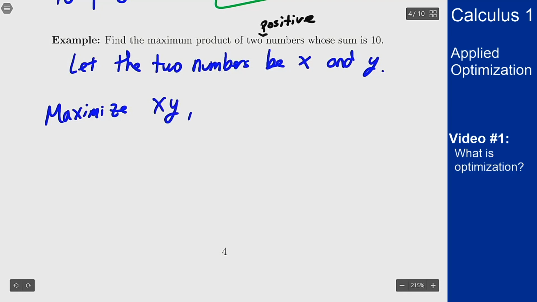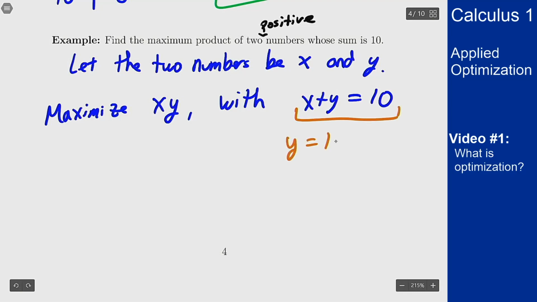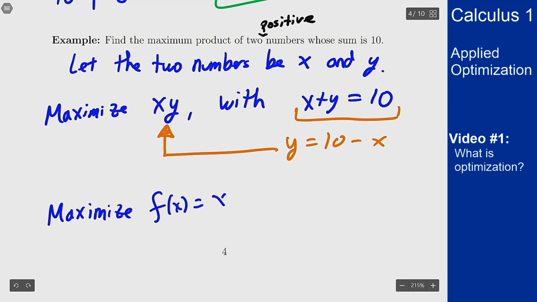But what else do I know? Well, I know these two numbers must sum to 10, so I know that x plus y equals 10. Now I can rewrite y as 10 minus x, and if I plug that in to this y, I'm now trying to maximize function f of x, which is x times 10 minus x.